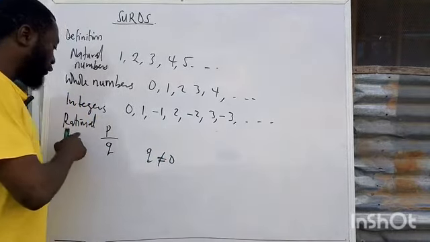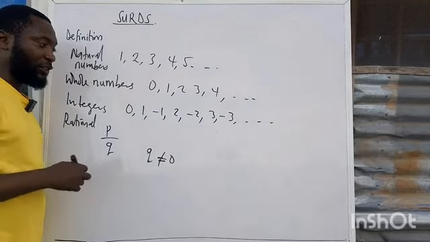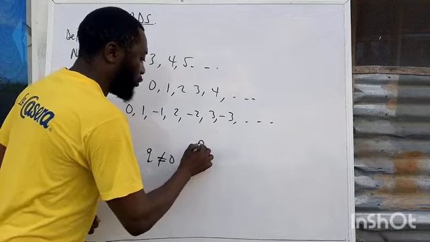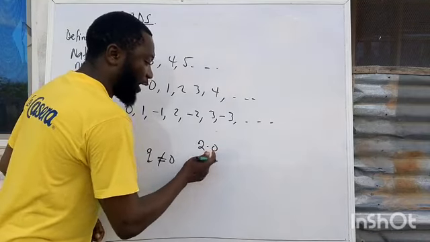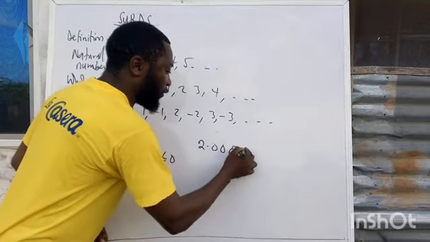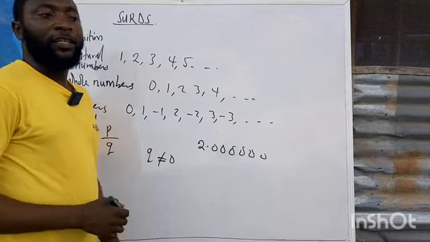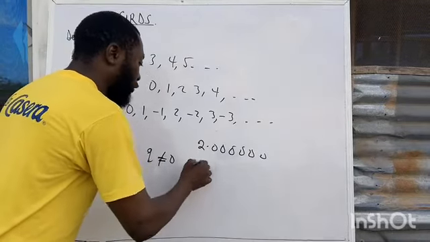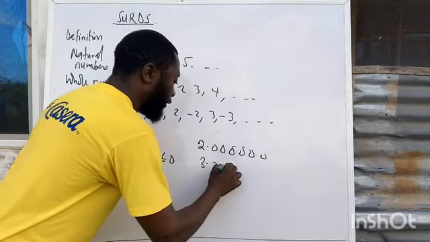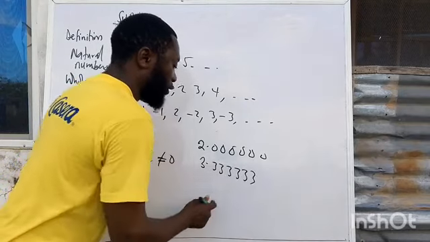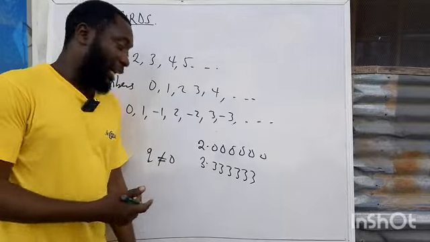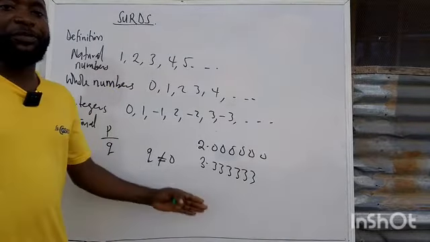What I mean is, suppose you have 2.0, I can write this as 2.0000000. This 0 is repeating. When you divide 10 by 3, you have 3.3333333. You can see that this 3 is repeating.